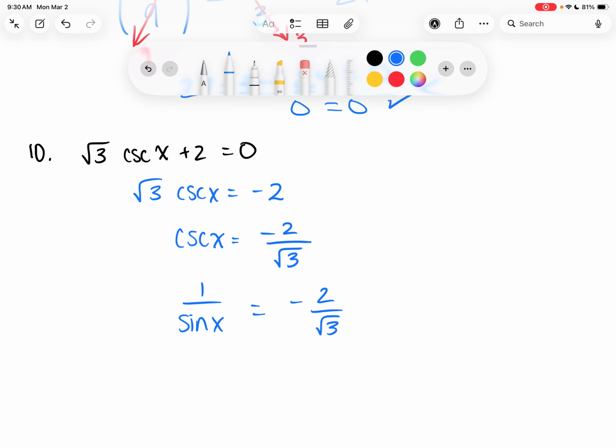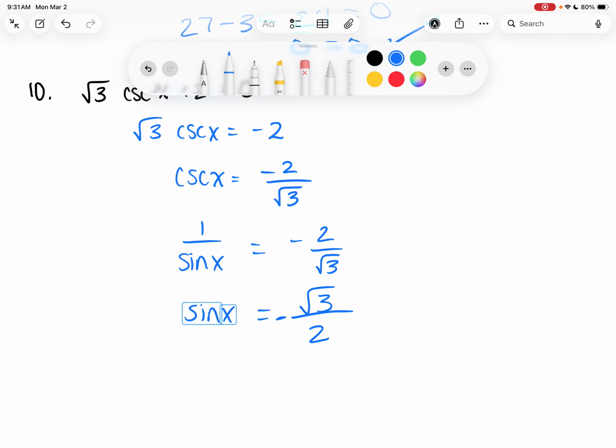When I have a fraction equal to another fraction, I can take both of them and flip them over, because essentially I'm multiplying and dividing. So this becomes sine of x is equal to the square root of 3 over 2, and the negative, I'm just going to stick out front.